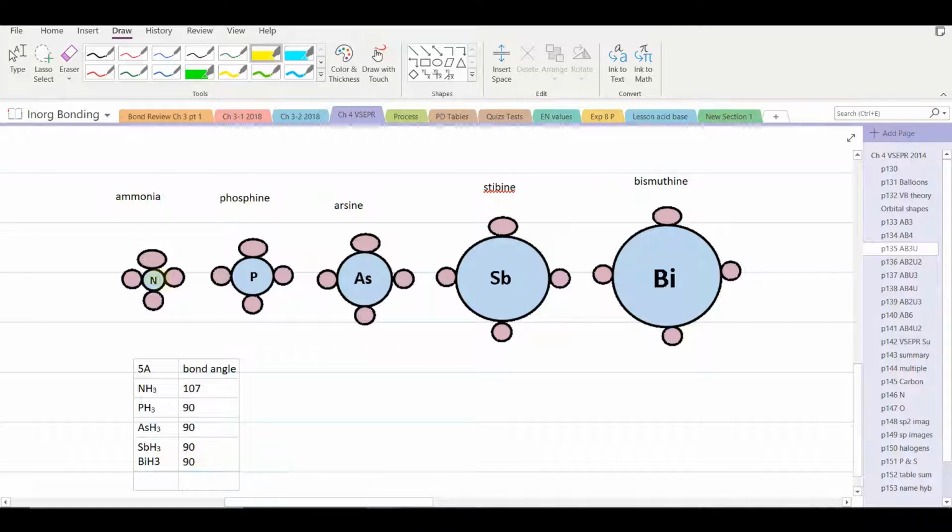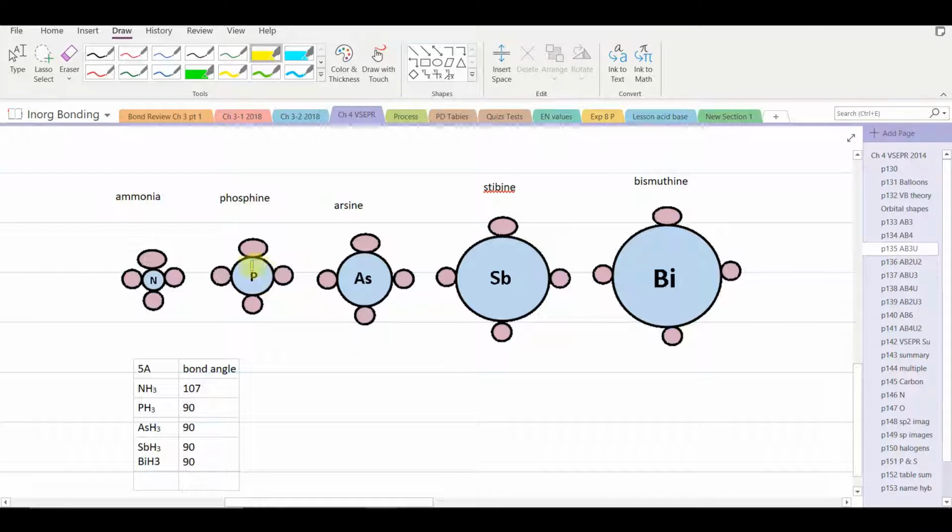In the case of ammonia, the central atom is small, and the electron clouds, here's the non-bonded pair, here are the bonded pairs, well, they interfere with each other, and so getting as far apart as they can in three-dimensional space, by virtue of hybridization, alleviates the strain of the interference of these clouds of electrons.